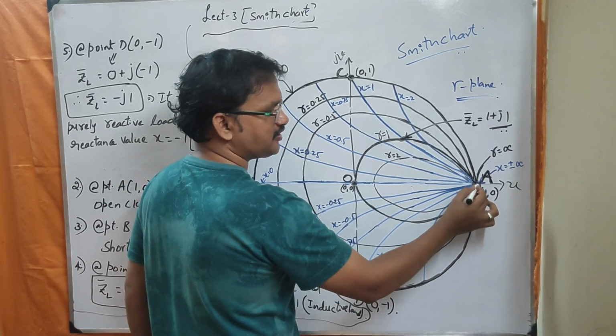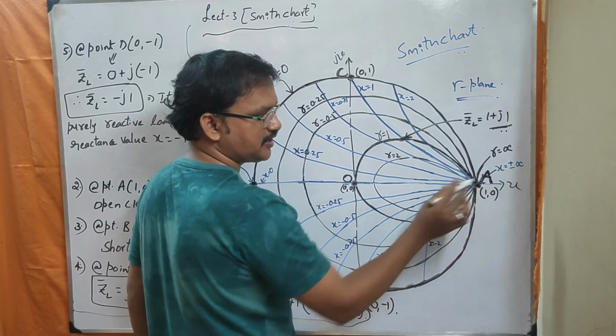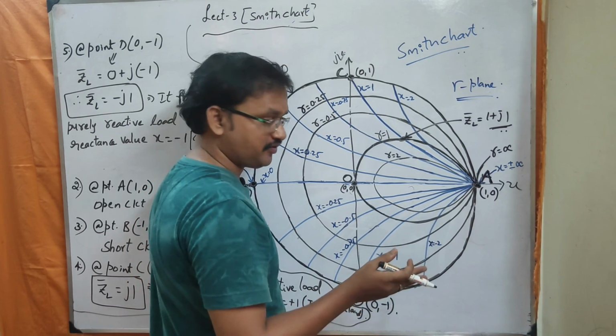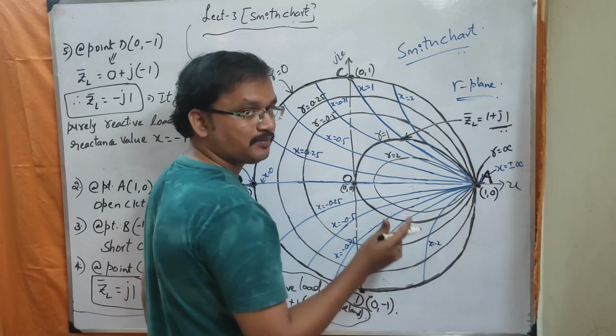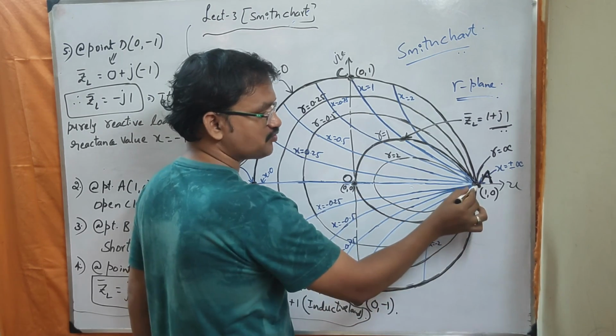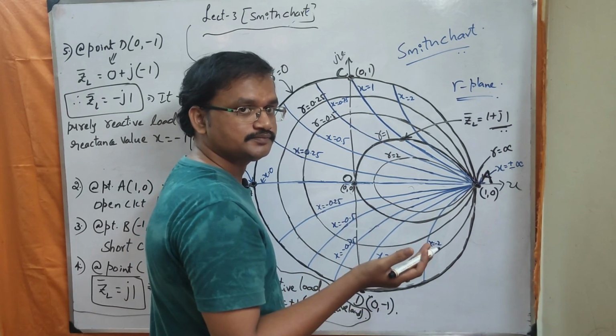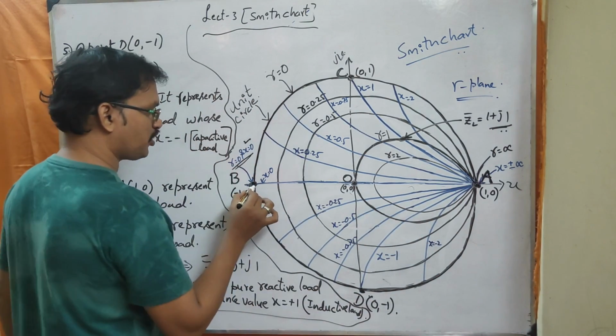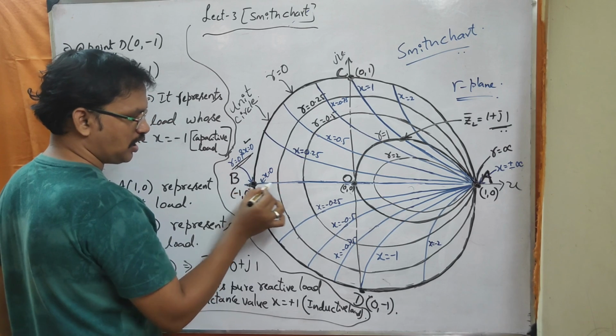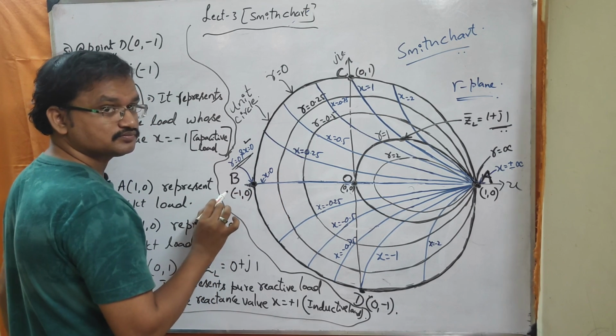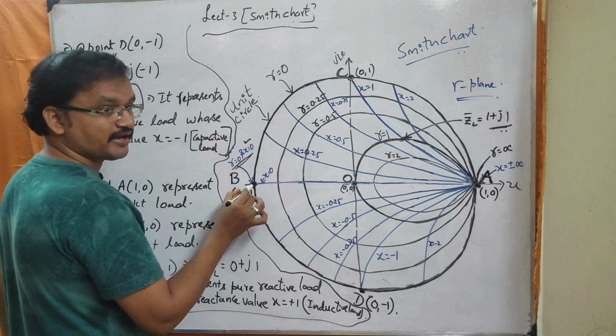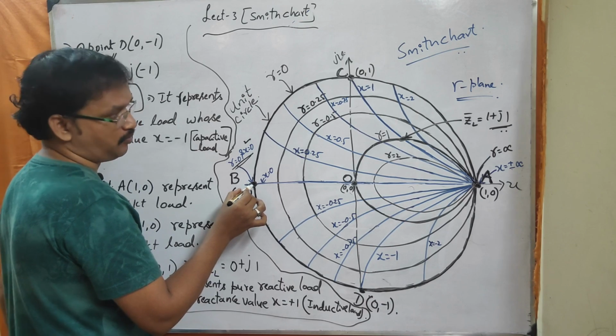And at this point R equal to infinity and X is also equal to plus or minus infinity, and hence the load impedance becomes infinite, and hence it represents the open circuit load. Understood? And similarly at this point R equal to 0 and X is equal to 0. Yes or no? And hence it represents the short circuit point.